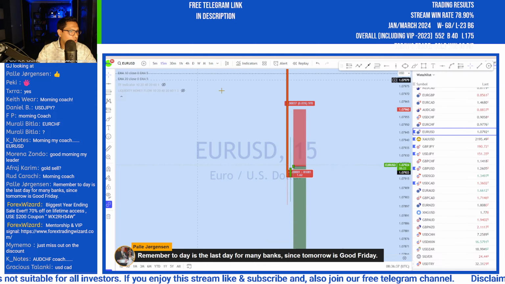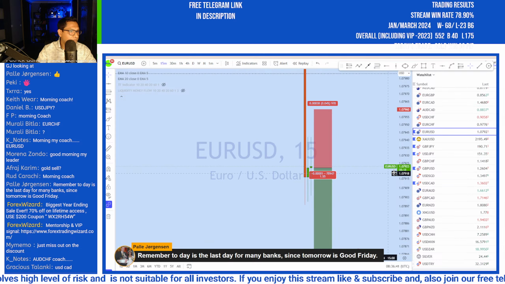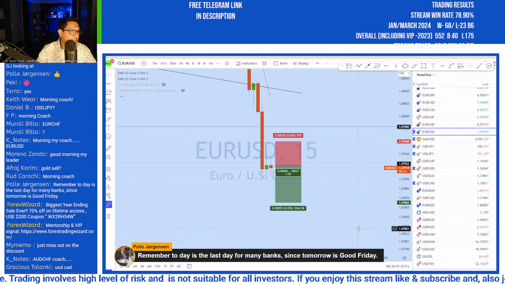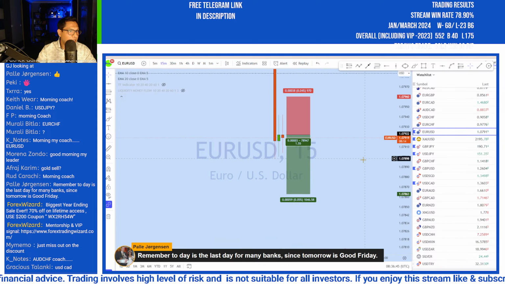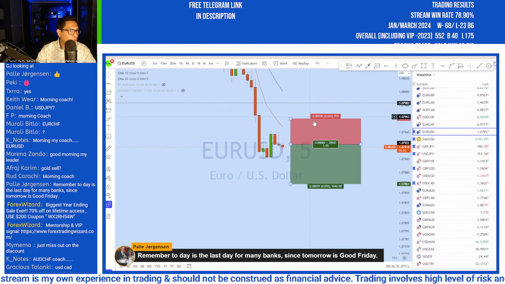Expecting euro dollar to have a rejection here. You can see this is a 15 minutes price action. So the TP target is 1.07860. We will see how far it is coming. Based on that, we might be able to take profit along the way.